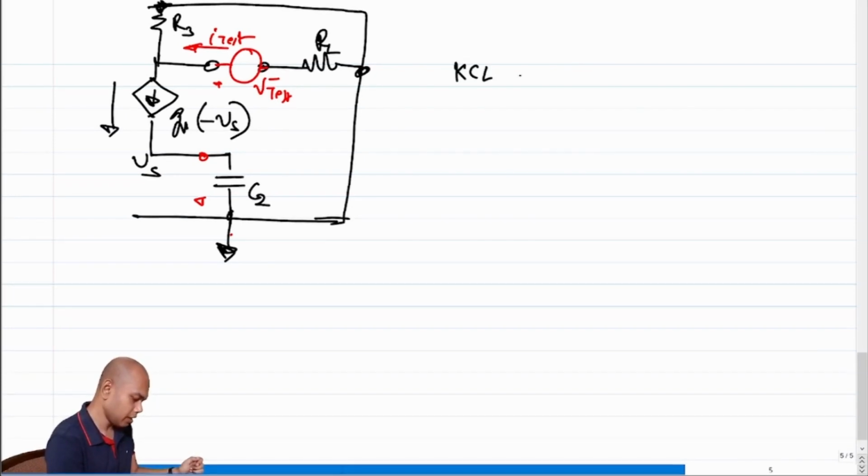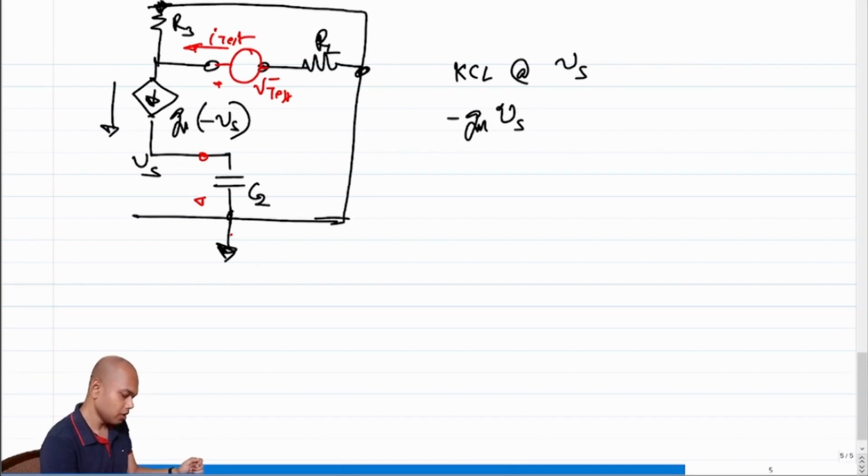I get the amount of current flowing down. So KCL at Vs leads to minus Gm times Vs, which is the current flowing down. It should be equal to the current flowing down through the capacitor. And what is the current flowing down through the capacitor? This is SC2 times Vs, right?